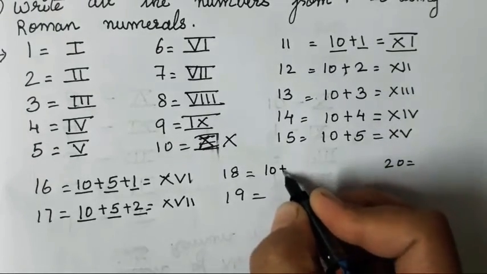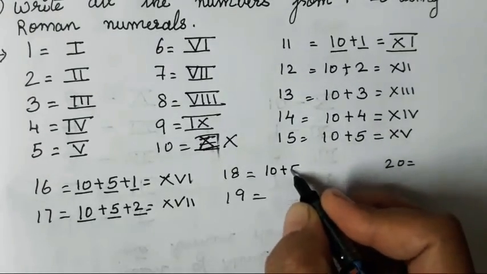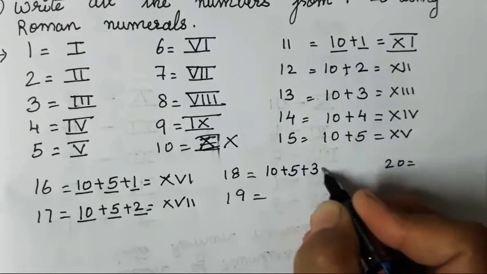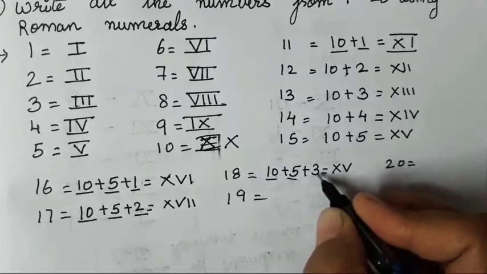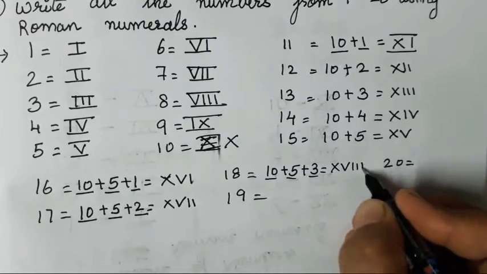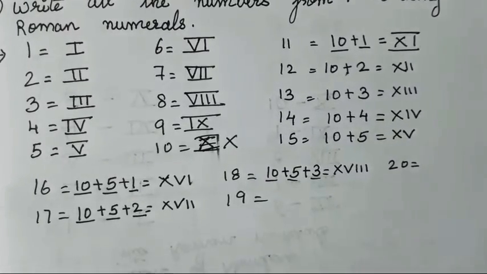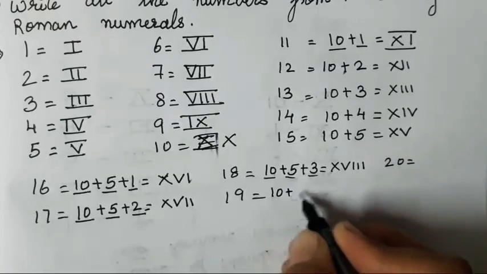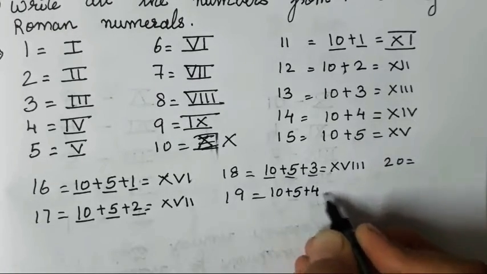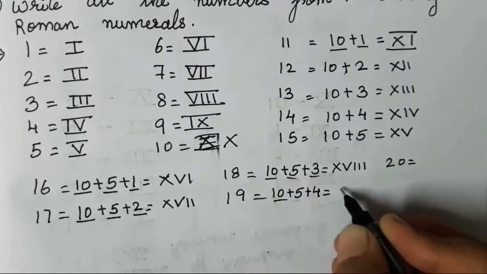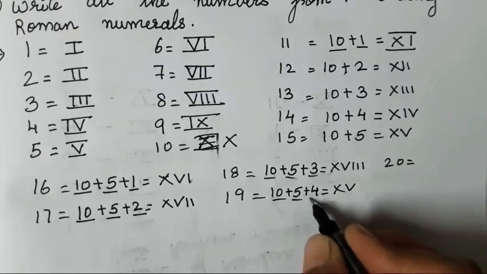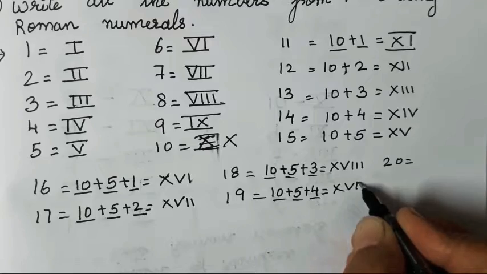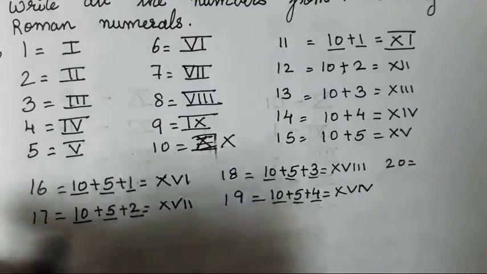So 10 plus 5 plus 3. So 10 means X, 5 means V and 3 means I, I, I. Alright. 19, 10 plus 5 plus 4. So 10 means X, 5 means V and 4 means this. You all have to write it.